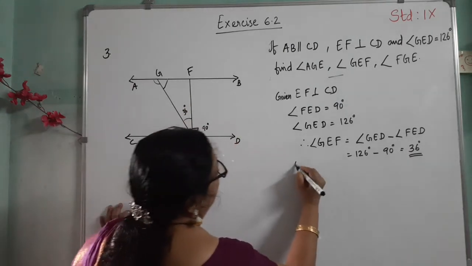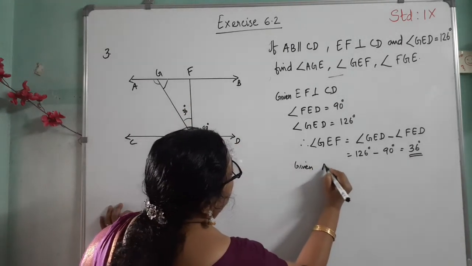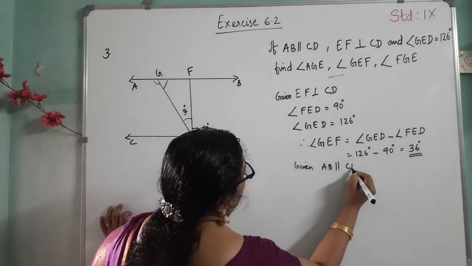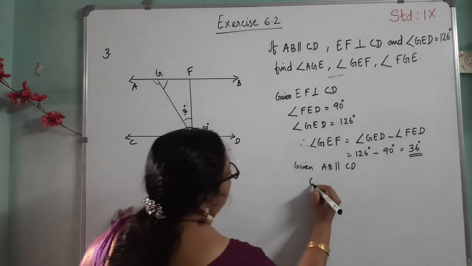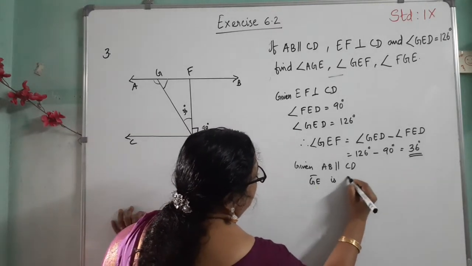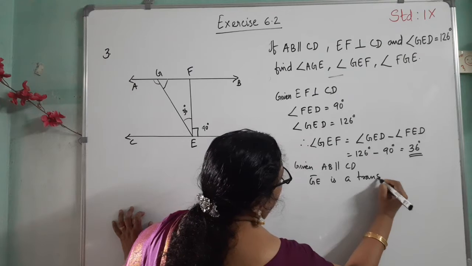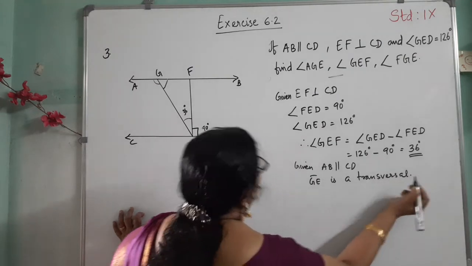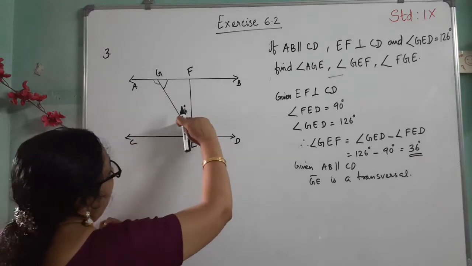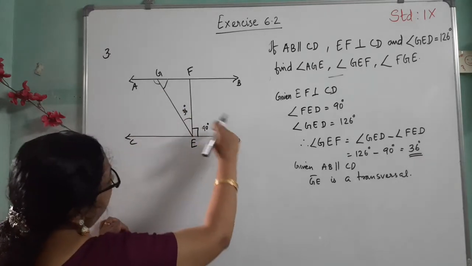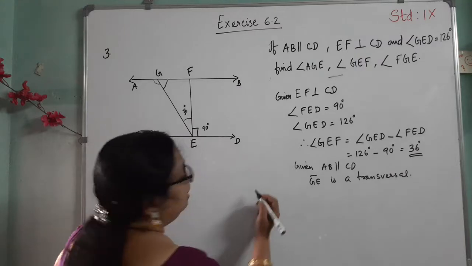Then given AB parallel to CD, GE is a transversal. Then what about these angles? This angle AGE and this angle GED are alternate interior angles.